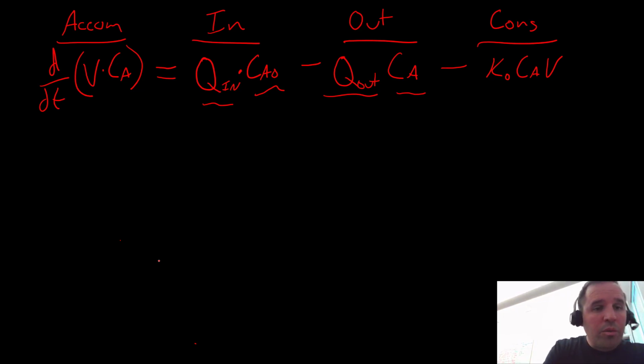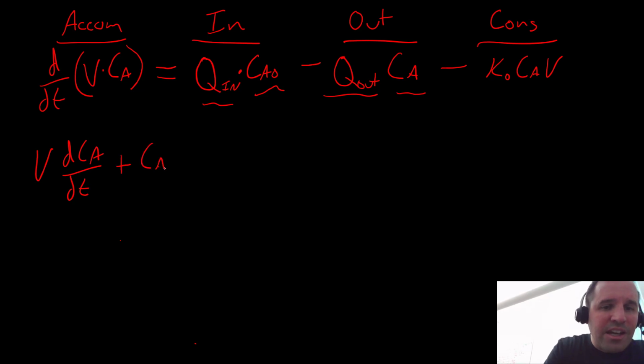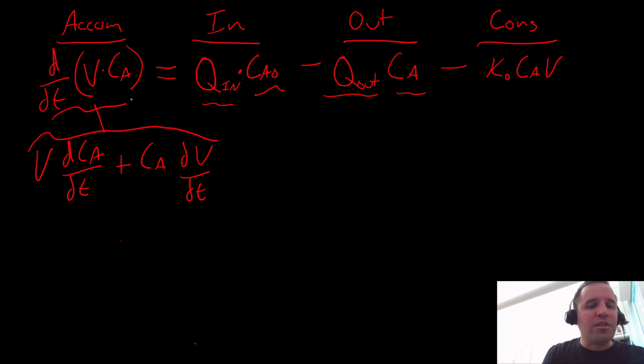The product rule tells us that V times dCA dt plus CA times dV dt is equivalent to the derivative of V times CA. We just break it up using the product rule from calculus.